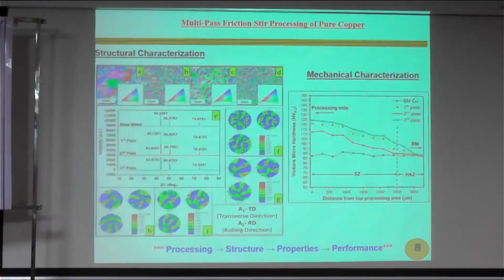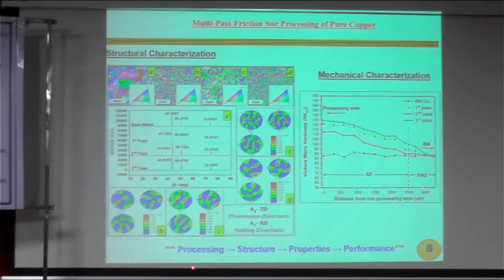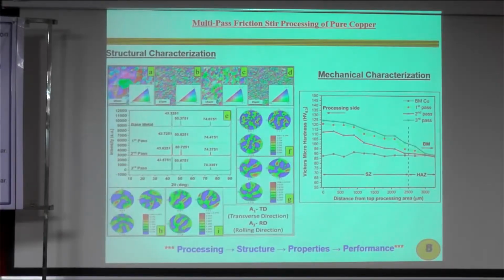Whenever you are doing a project, you should always keep the processing techniques in mind. Fusion welding is one of the processing routes. Where do we end up? We end up with a brittle mode of failure, with lower ultimate tensile strength and lower ductility, elongation percentage.